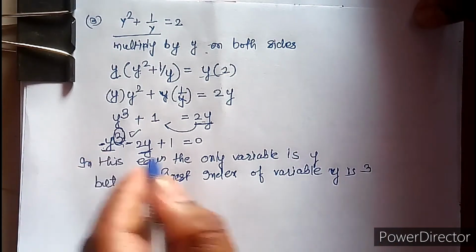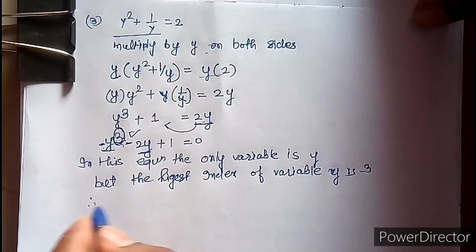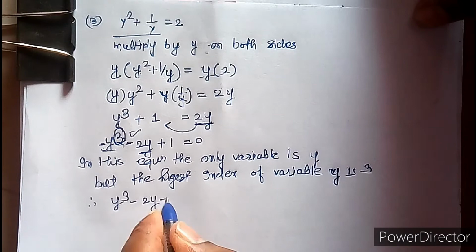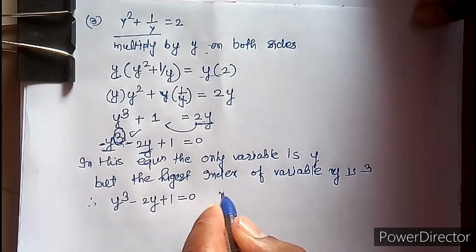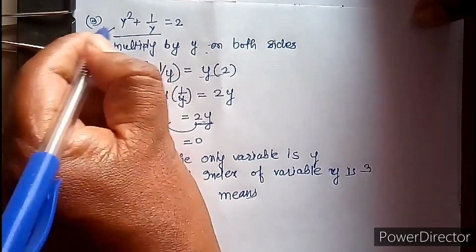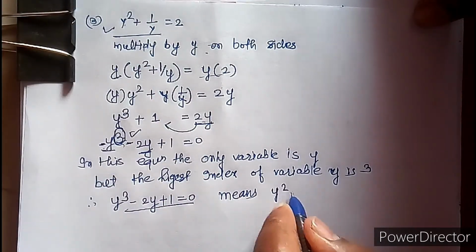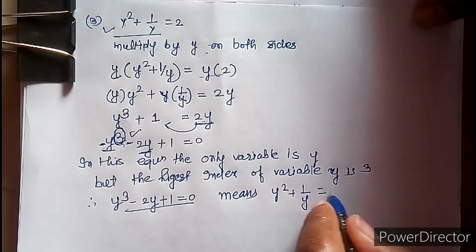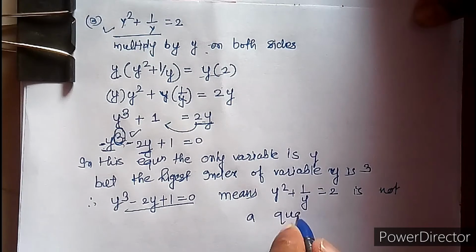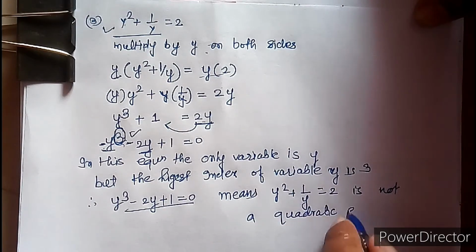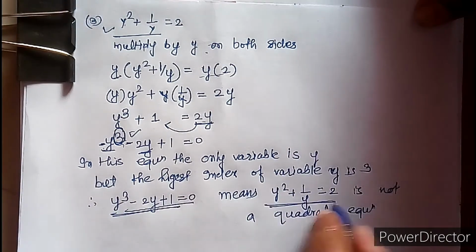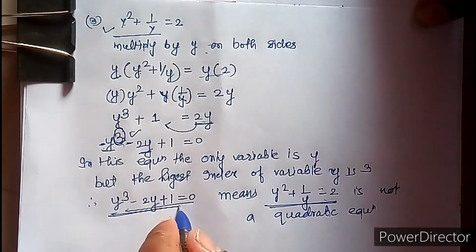Here 3 comes, therefore it is not a quadratic equation. Therefore y cube minus 2y plus 1 equals 0 is the form of this equation, which means that y square plus 1 by y equals 2 is not a quadratic equation.